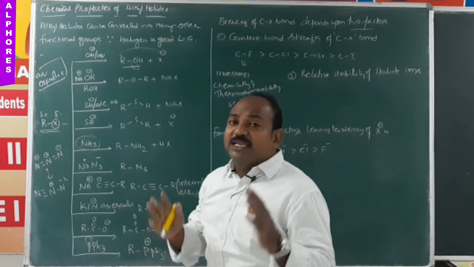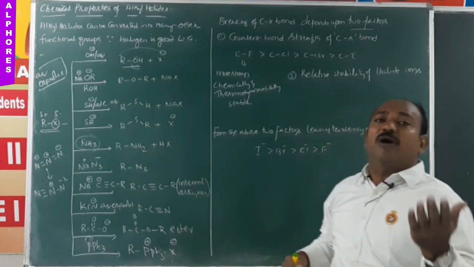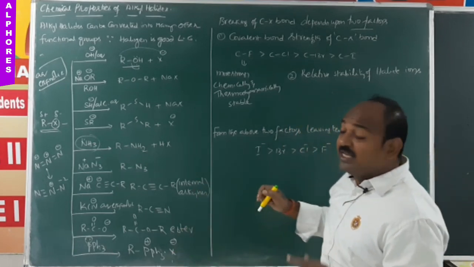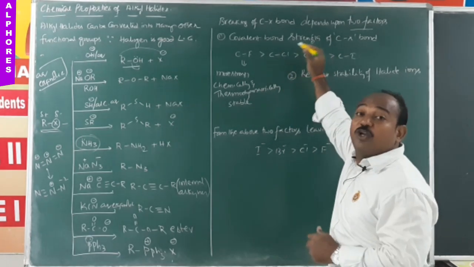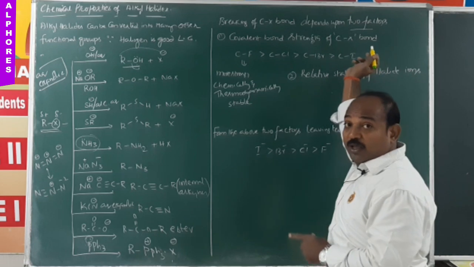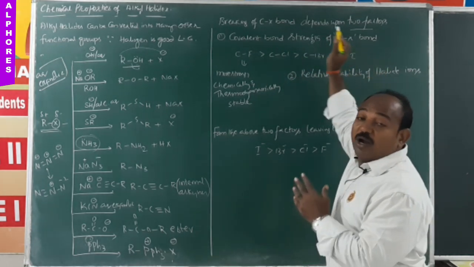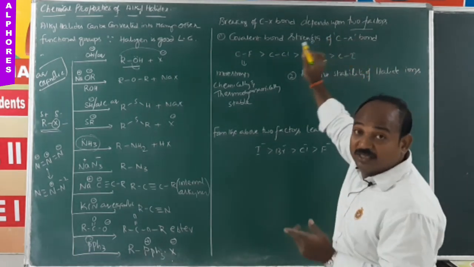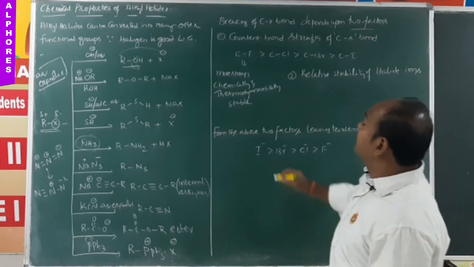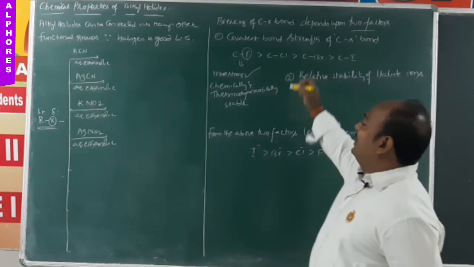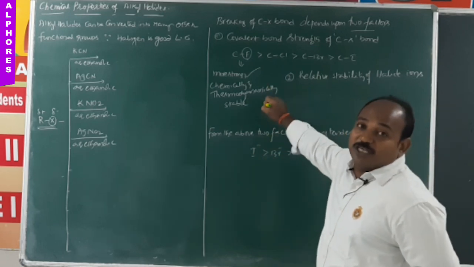With increase in size of the halogen atom, bond length increases and bond energy decreases. From fluorine to chlorine, chlorine to bromine, bromine to iodine, size increases, so bond length increases. Bond length is generally inversely proportional to bond energy. That is one way of explanation. The C-F bond is more strong, chemically and thermodynamically more stable.